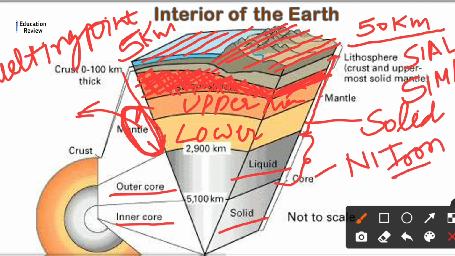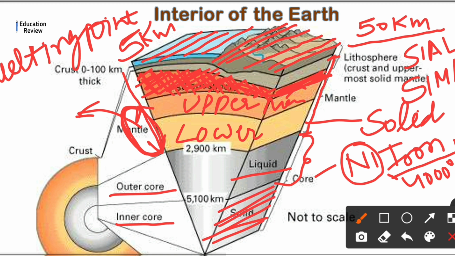Iron is heavier than nickel, and the melting temperature of iron is more than 4000 degrees centigrade. Due to its weight, the iron will move further below the outer core.